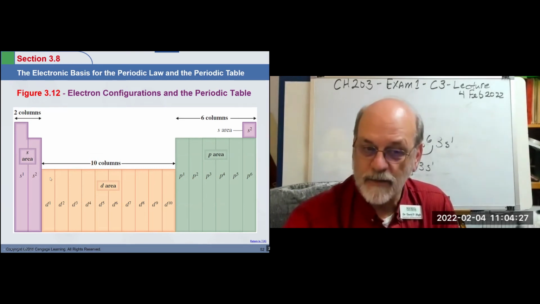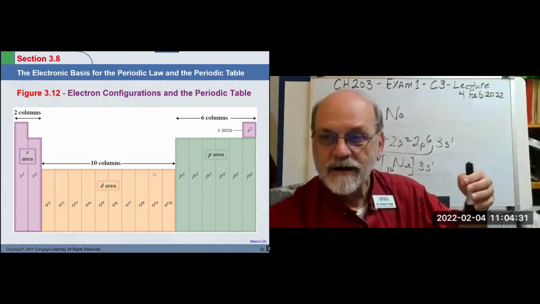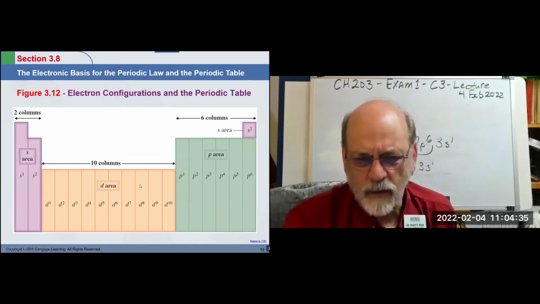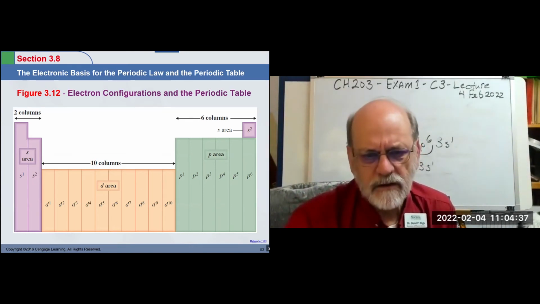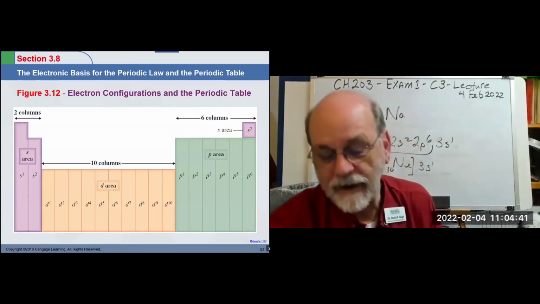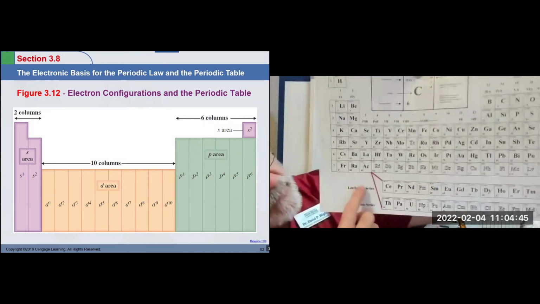That's why there are 10 elements across that space, because as you move from left to right, you're filling a d orbital. Now, the one they left out was the f's. Is it on the next page? No, it's not there. All right. The f's are filled.